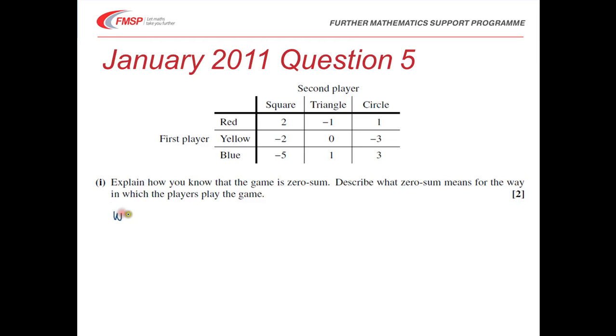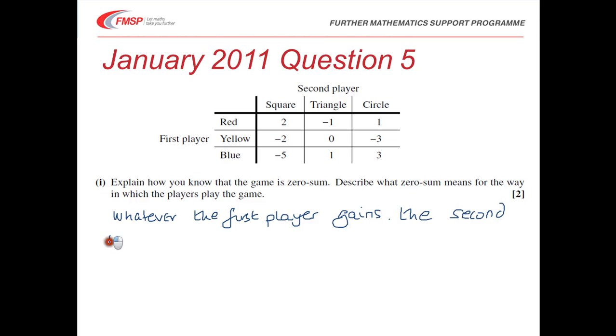So we could write whatever the first player gains, the second player loses. So overall the number of tokens will not change. The total number of tokens will not change. So that's what we mean by zero-sum game.